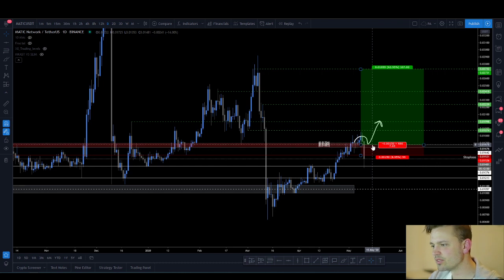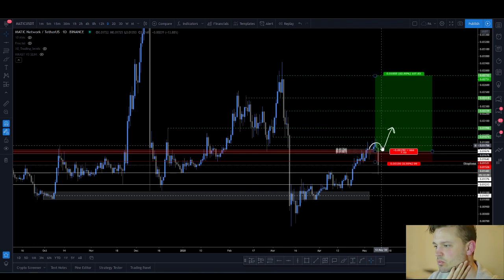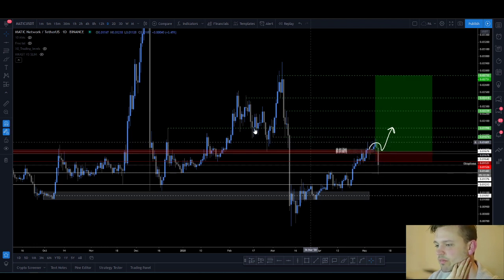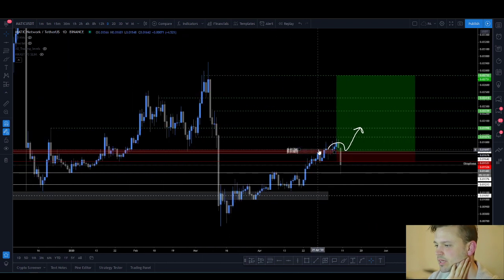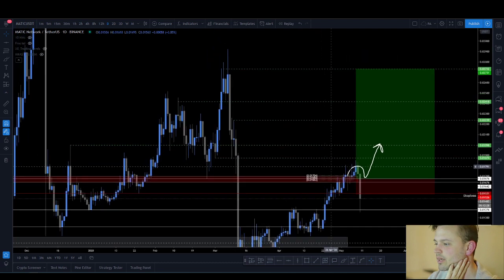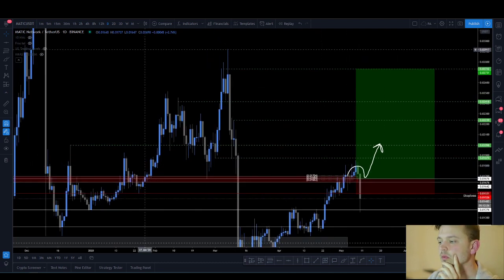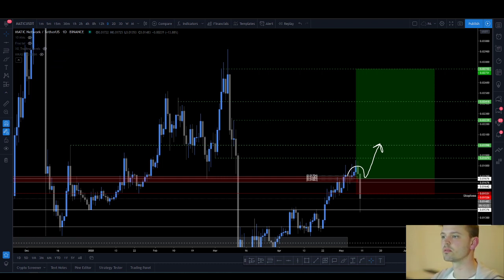But if it didn't drop and I got stopped out on my short and Bitcoin started to take out the high time frame resistance, this one would have performed very, very well, because look at this level here. Matic looked very good, so I would have made a lot of money on this one. But now instead I made a lot of money on the Bitcoin short. So that's one way you can play it, right?